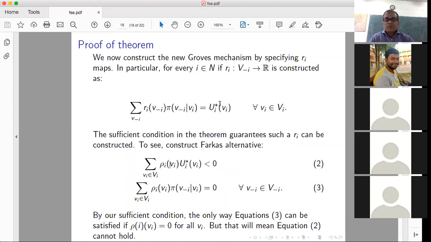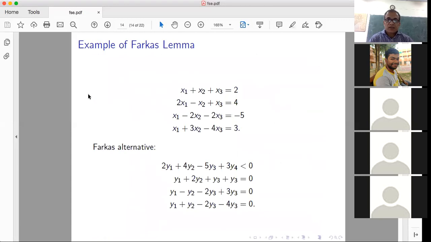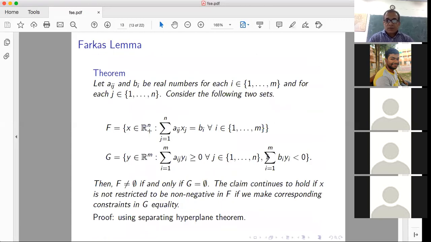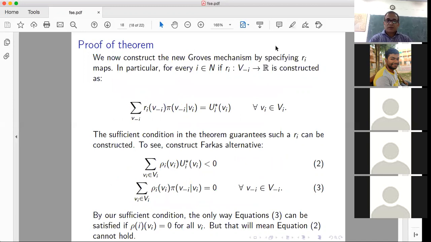And the first one, remember, says that the sum of BI YI is strictly less than 0. So in our system, that will mean that the sum of rho I VI times U star I VI, so BI is U star I VI, summed over that, is strictly less than 0. So that's the strict inequality.